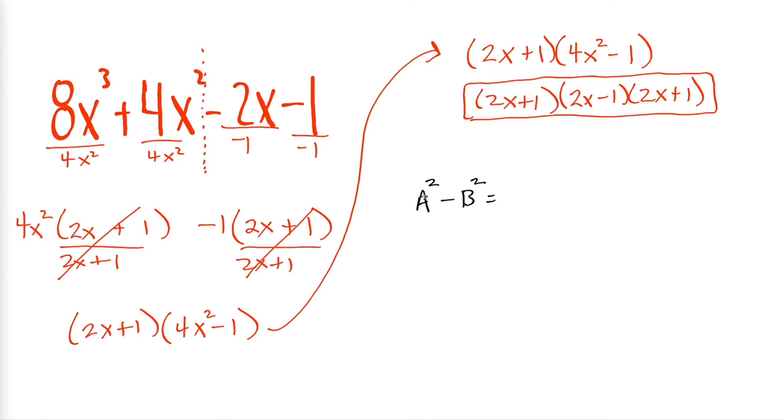If something is written as squared minus squared, then you can factor it as one plus, one minus. So this is like 2x squared minus 1 squared. I didn't write it out because I thought maybe you remembered it from before, but I can certainly write it out.